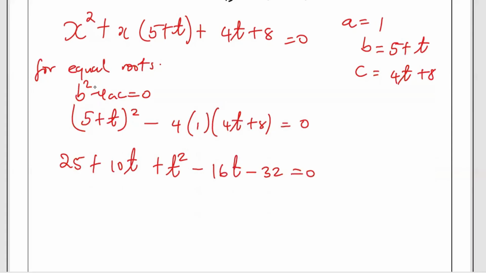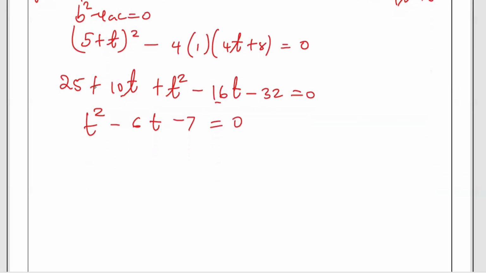Gives me a 0. So I have a t squared. This and that is going to be a negative 6t. What's 25 minus 32? Is it a 4? No. 25 minus 32. It's a negative 7 is equal to 0.